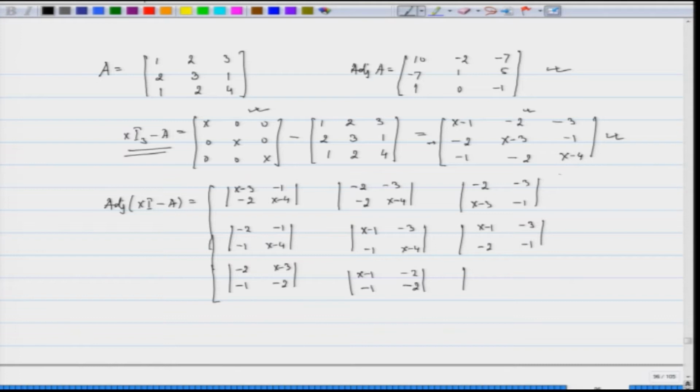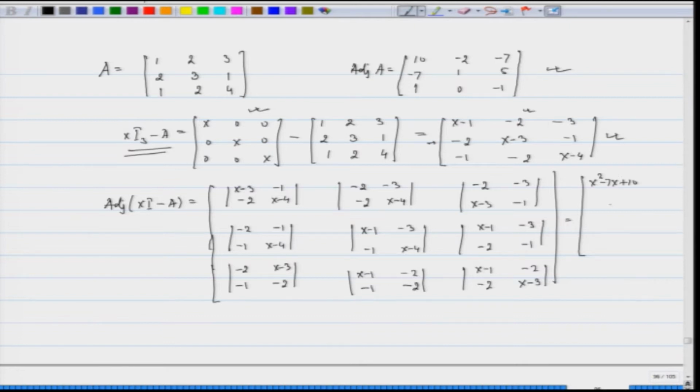Here it is x minus 1, minus 2, minus 2, x minus 3. I would like you to see that this is nothing but x square minus 7x plus 12 minus 2, which is plus 10. I hope it is correct, and so on.